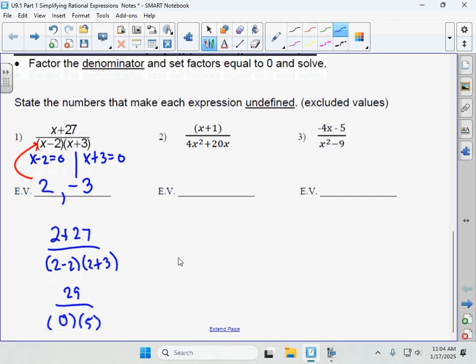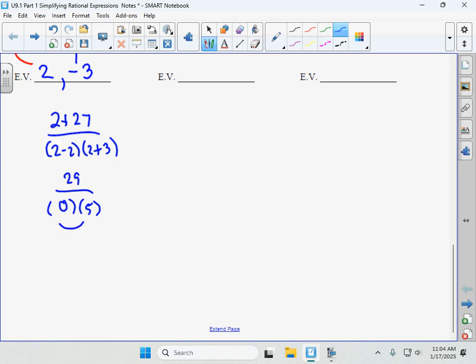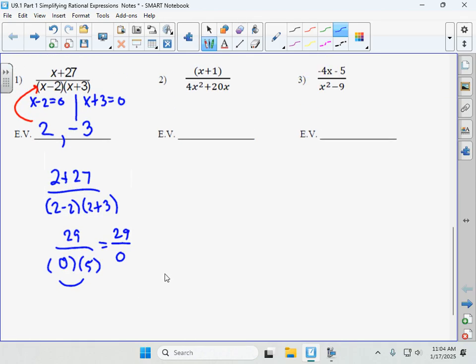If I do 0 times 5 on the bottom, I get 0. Again, this is an undefined value because it gives me 0 in the denominator. The same thing would happen if I tried to plug in negative 3 for all the x's. I would get 0 in the denominator. So 2 and negative 3 are called excluded values, or values that make the expression undefined.